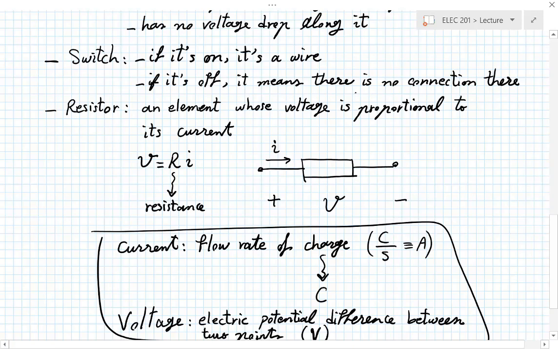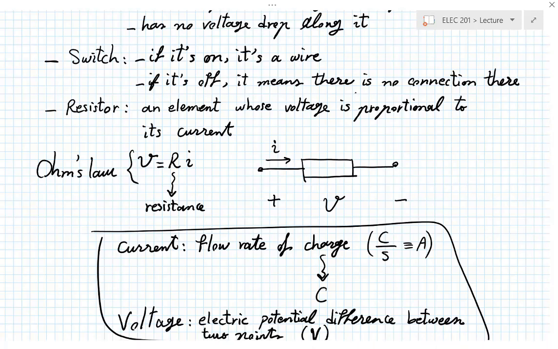If you triple the voltage, the current will triple, because they are proportional. And this proportionality is called Ohm's law. And the factor of proportionality is called resistance, and it's measured in units of ohm.